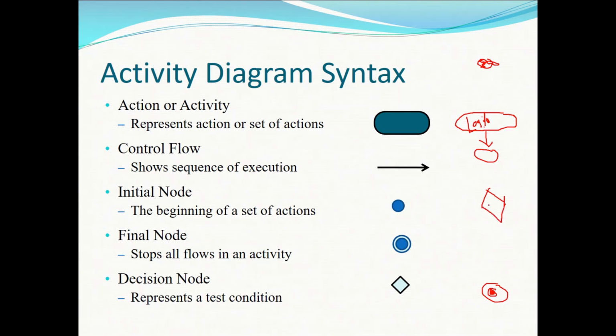For example, login: is it a correct password or not? If it's a correct password, you say yes. If it's not, you say no, and you decide what to do in each case. So these are the symbols that we use in drawing activity diagrams.